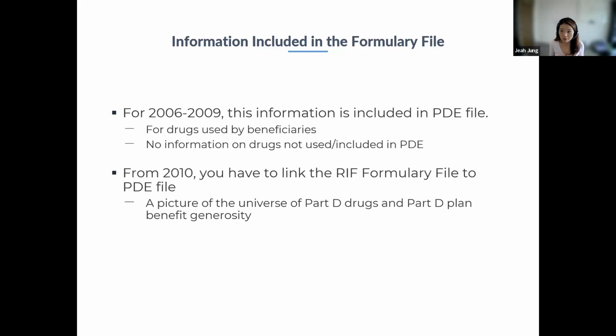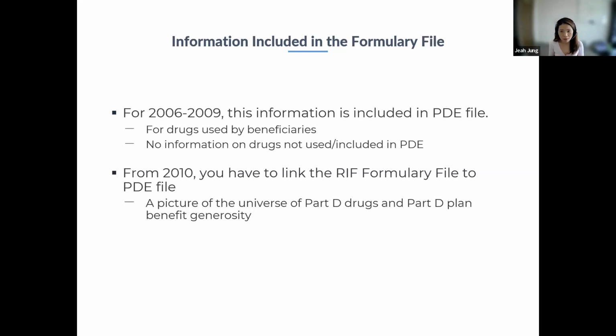In the drug event file, you have this product service ID, so you didn't have a proper formulary RX ID there, but you had a tier ID and prior authorization, step therapy and quantity limit. And from 2010, CCW began to create the separate formulary files.